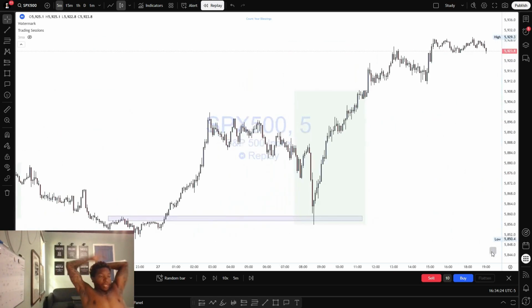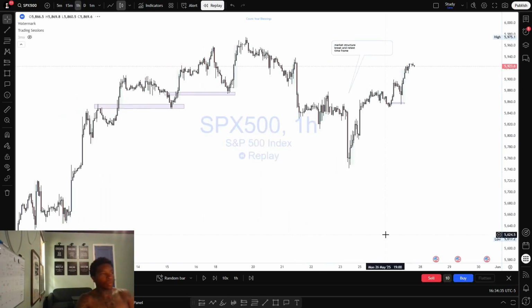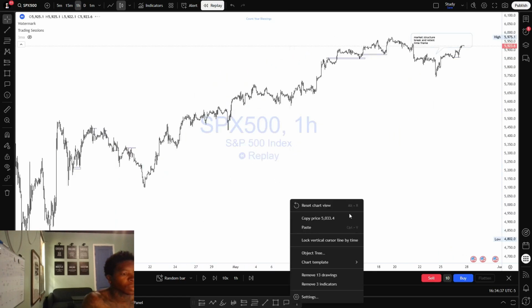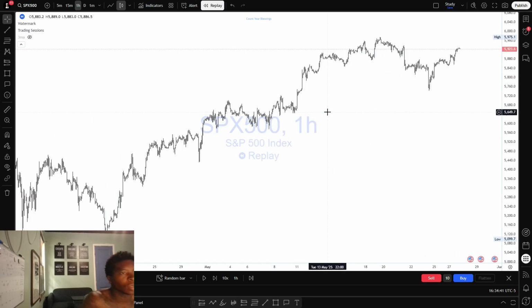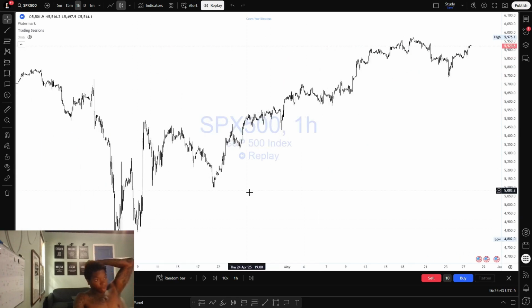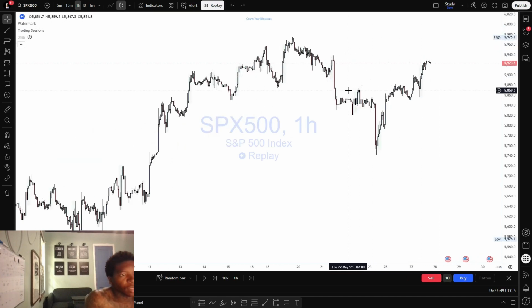Let's see if we can back test this. So we have the market structure. See uptrend, uptrend. Had this pullback. With the pullback, we see that we got a break and retest, continue higher.